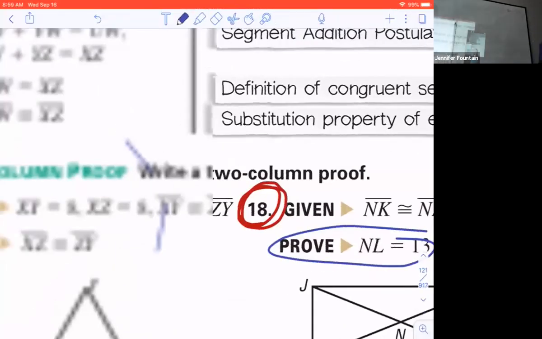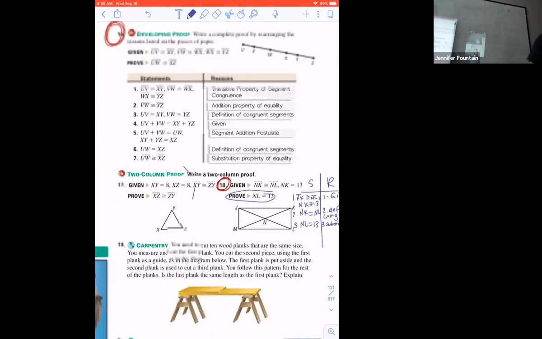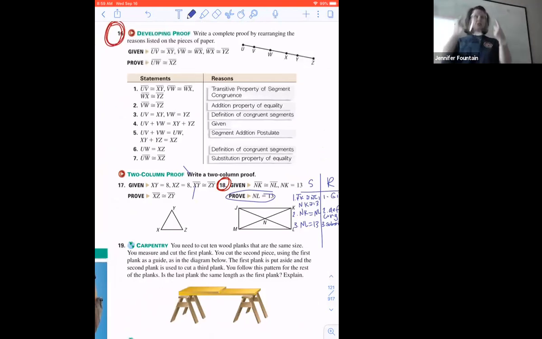I think it's the kind of thing where I would rather you be able to look at it and have a little bit of help on determining how I get from here to here and make that reasoning connection, versus being so frustrated with proofs that you absolutely hate them and you miss the whole purpose of them. Okay.